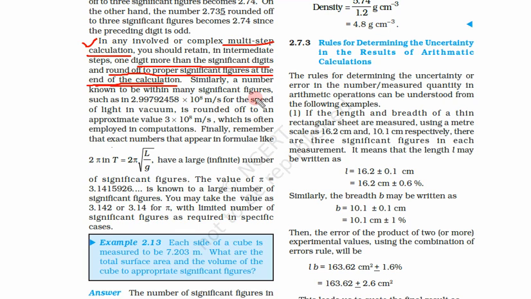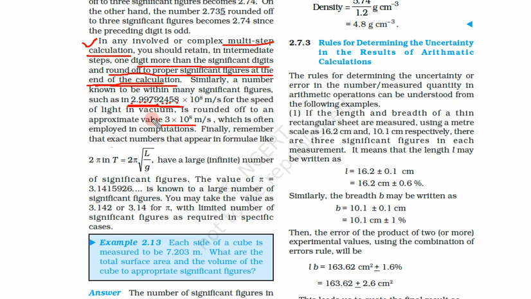Now many numbers are known with many significant figures. Like if you see the speed of light, it is accurately known up to many digits, 2.99792458. So here you see 9 significant digits are known to us, but generally it is rounded to 3 into 10 to the power 8.